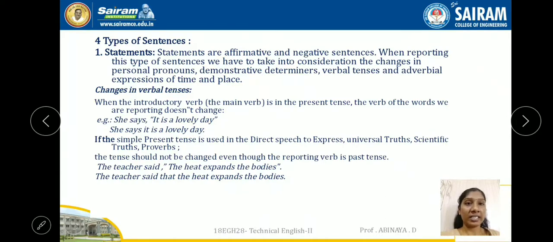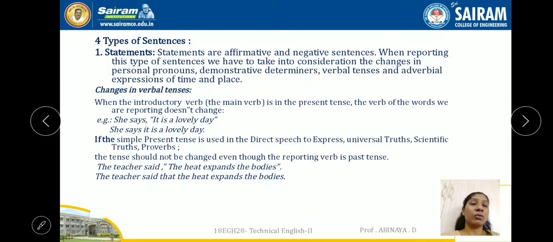So, in indirect speech, she says, actually we have to add the conjunction that here. So, she says that it is a lovely day, right? You need not change the tense of any of this if the introductory verb is in present tense.